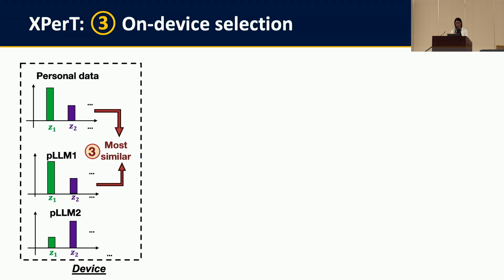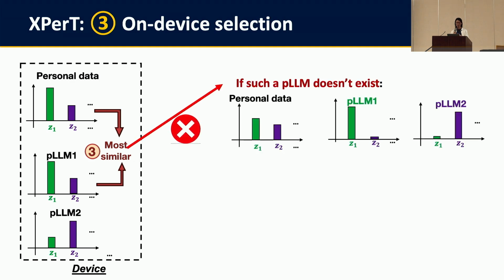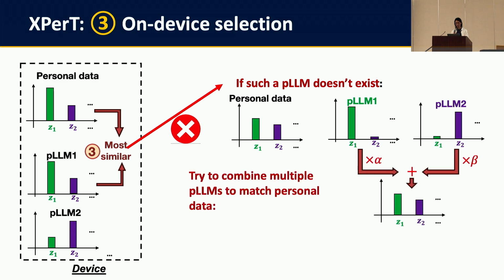And in some scenarios, even the best matching PLM is still largely misaligned with the personal data, as shown in the figure. So in this scenario, we will try to merge multiple models to better resemble the personal data. To do this, we first try to combine the explanations of multiple PLMs to get an explanation that is close to that of the personal data.